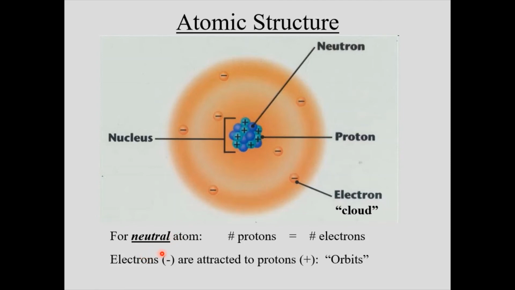Most atoms are neutral in that they have the same number of protons as electrons. So in this example here, we have 7 protons inside here. Therefore, we have 7 electrons in the cloud of electrons. Now, why do these electrons stay in the atom? Why don't they just go flying off into space? Well, the electrons are negative charge, and they're attracted to the protons. So you can think of them sort of in orbit around this nucleus.